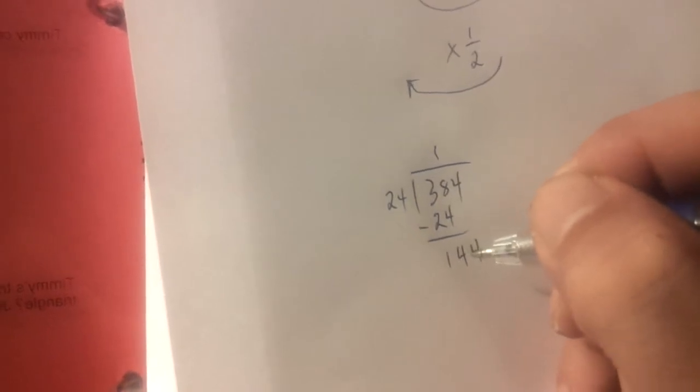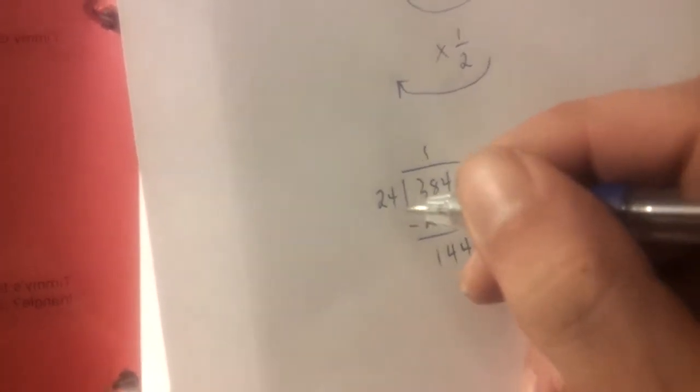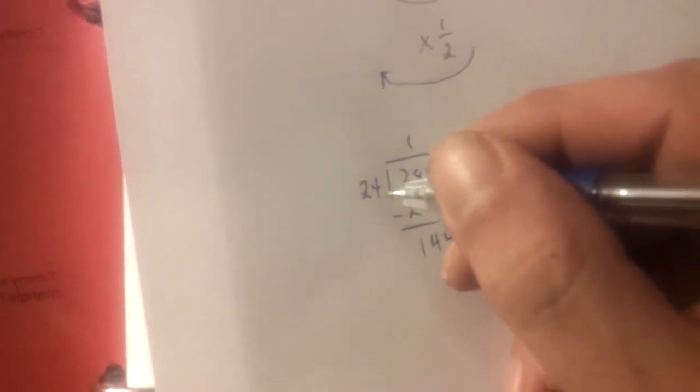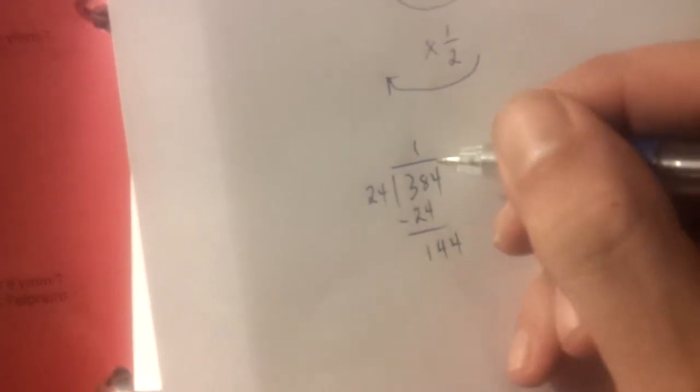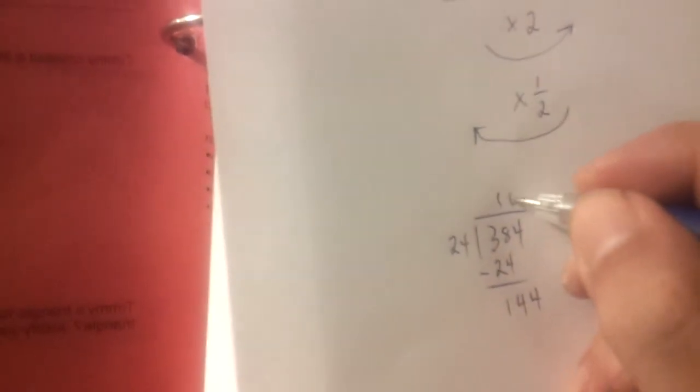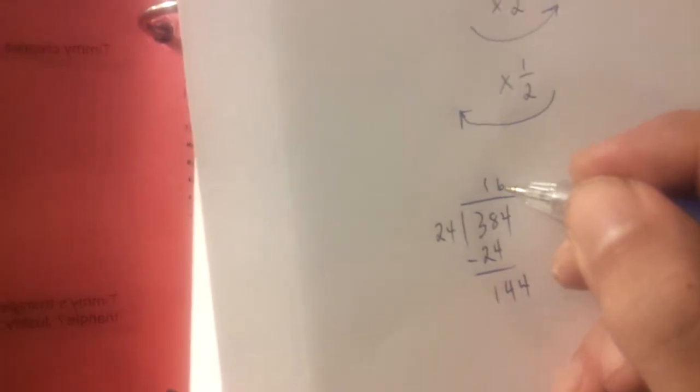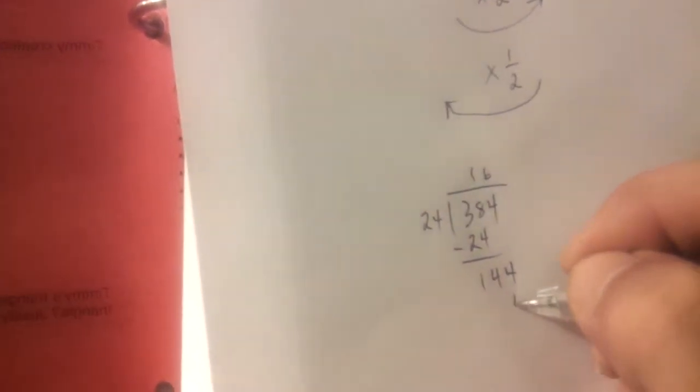24 into 144. Okay, well, let's see. I'm going to guess that that's about 6 times. Now I'm going to multiply: 6 times 4 is 24. 6 times 2 is 12, plus 2 is 14. Okay, great. And I subtract.